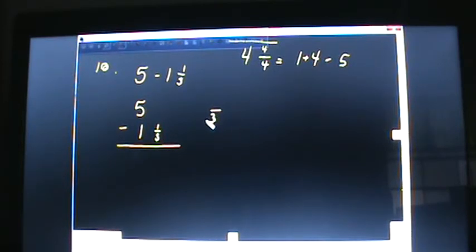So in order to have a whole, I'm going to have to take away a whole. So I'm going to have 4 whole with 3/3, which gives me a whole to equal the 5.